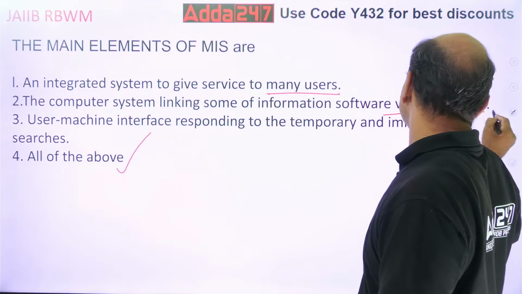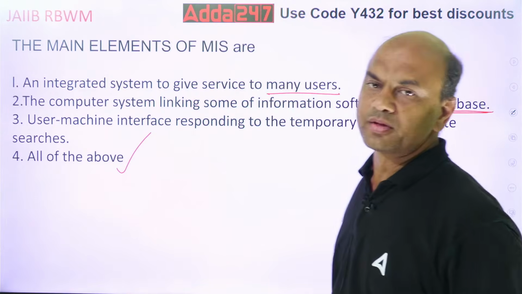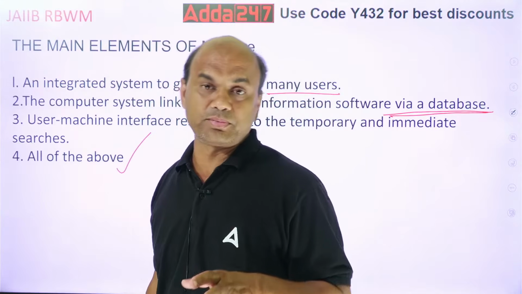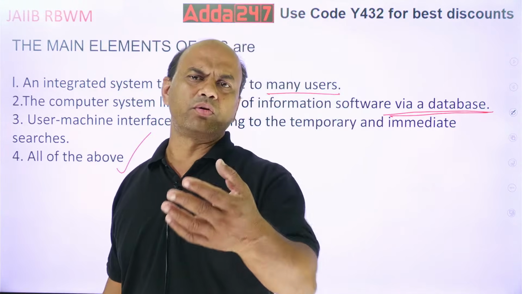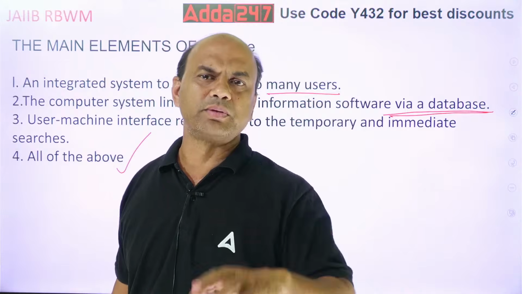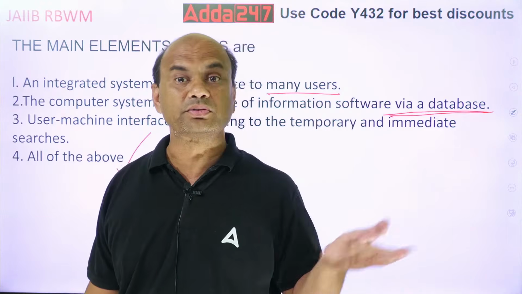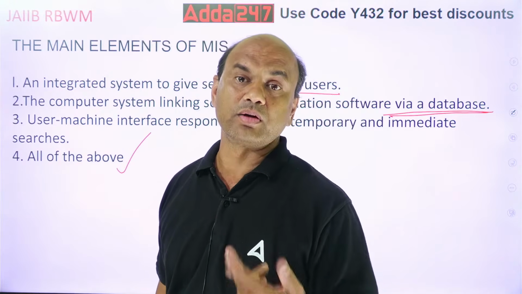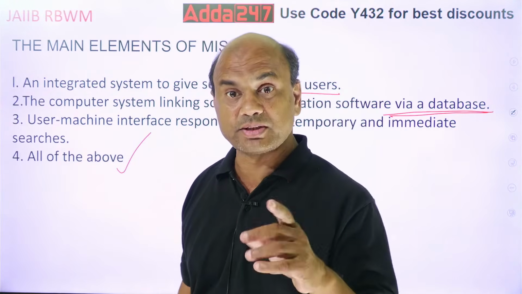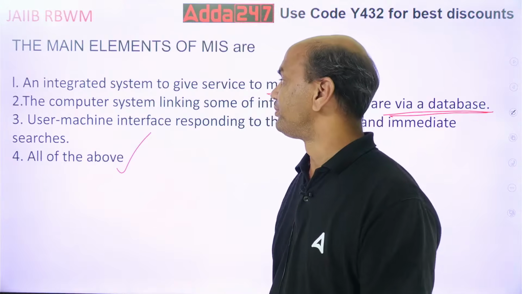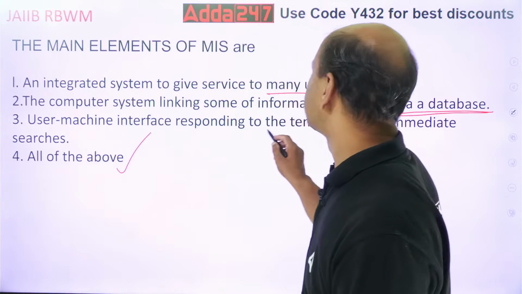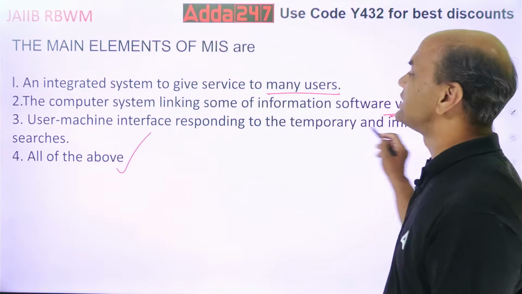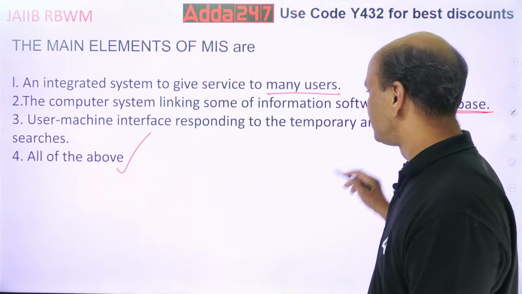Database is very important. Why is database important? If I have an account with you and I do some debit and there is no database, what will happen? How will you debit my account if you don't have a database? So database is very important. User-machine interface responding to temporary and immediate searches, right? So all of the above.